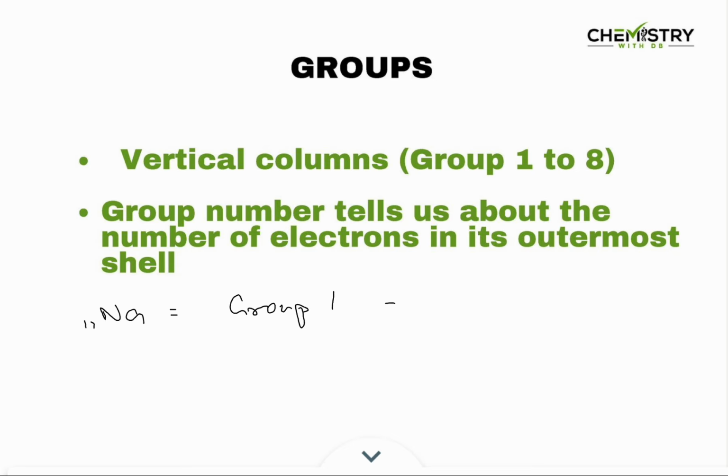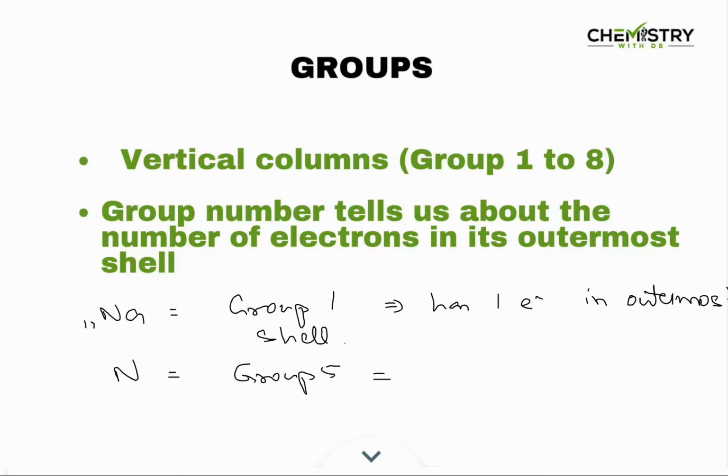That tells us it has 1 electron in the outermost shell, because it's in group 1, right? And if, for example, we look at nitrogen, it is present in group 5. So what does that tell us? That it has 5 electrons in the outermost shell.